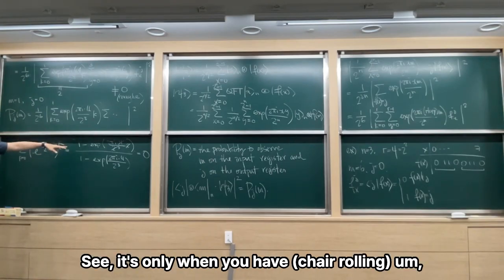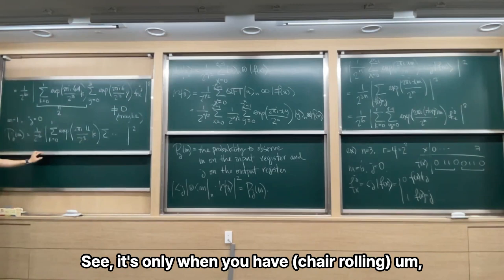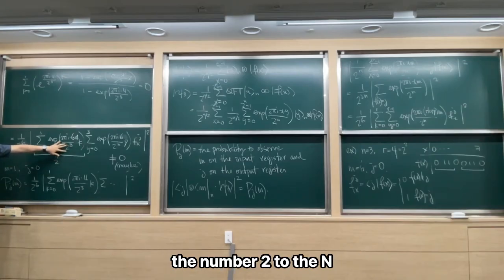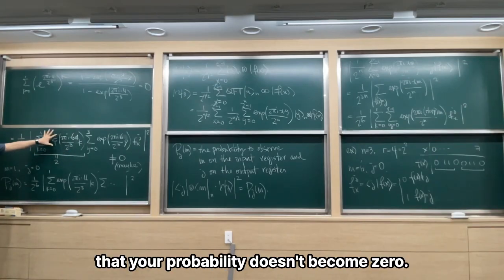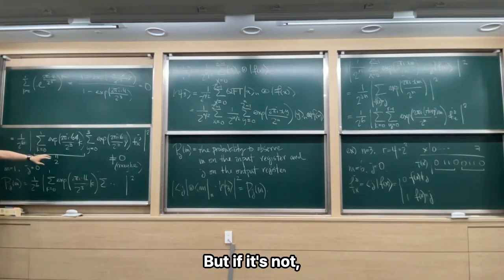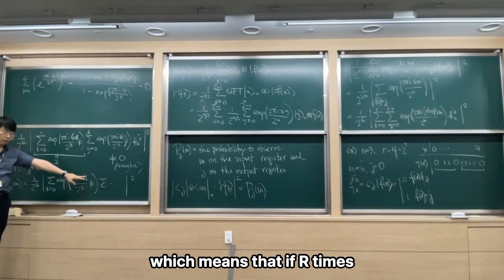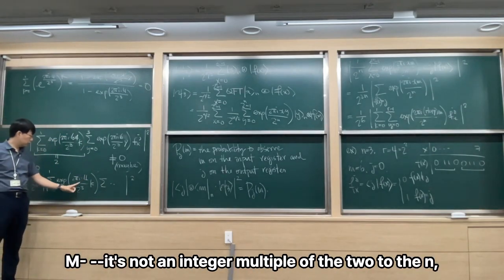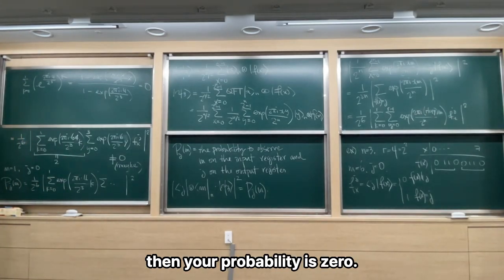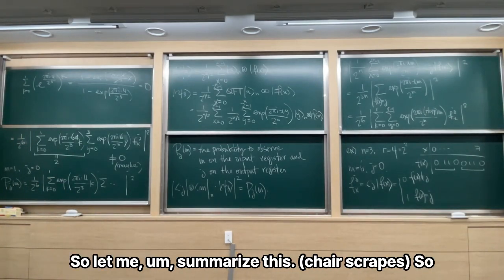See, it's only when you have r times m equals some integer multiple of the entire number 2 to the n that your probability doesn't become 0. But if it's not, which means that if r times m is not an integer multiple of 2 to the n, then your probability is 0. So let me summarize this.